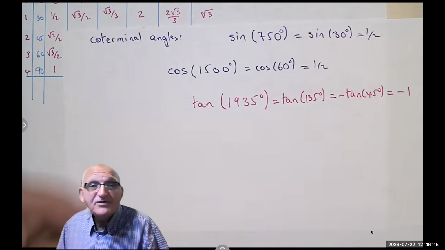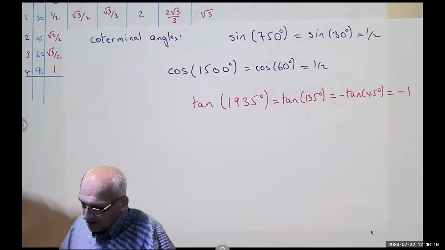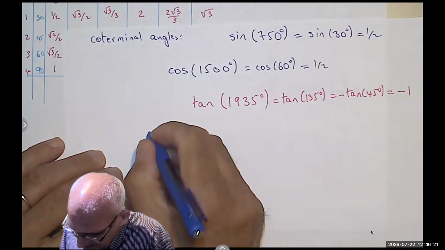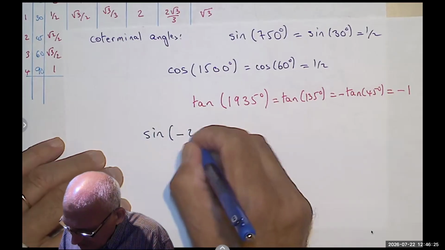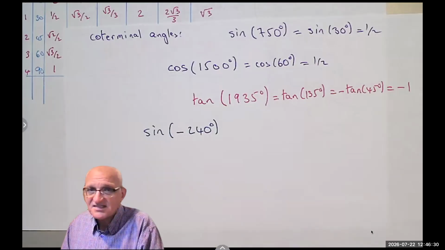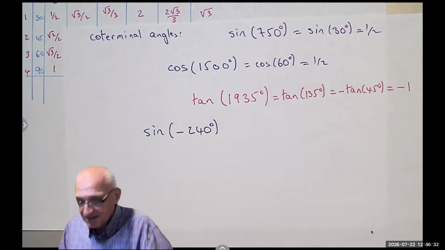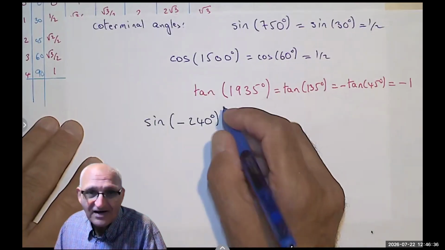It may be a problem if I give you a negative angle. Suppose I say, what is the sine of -240 degrees? In this case, I'm going to divide by 360.